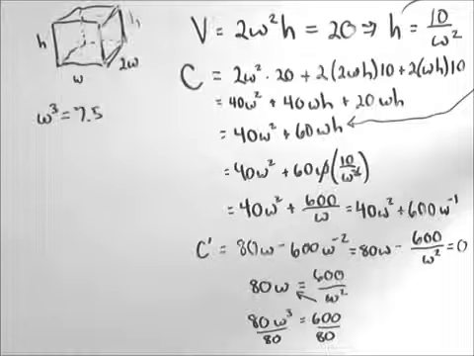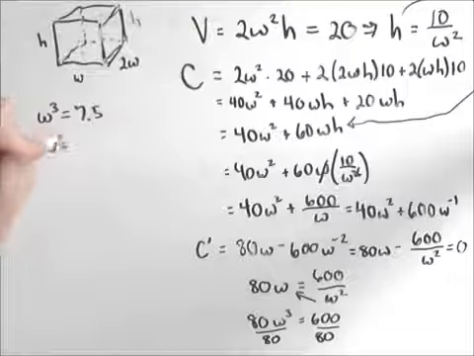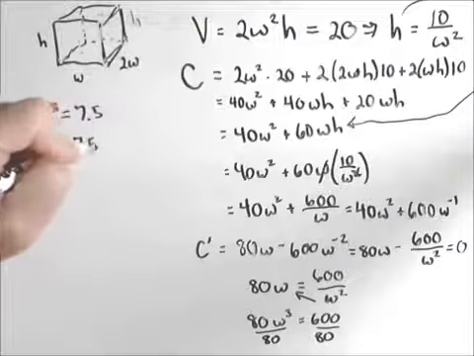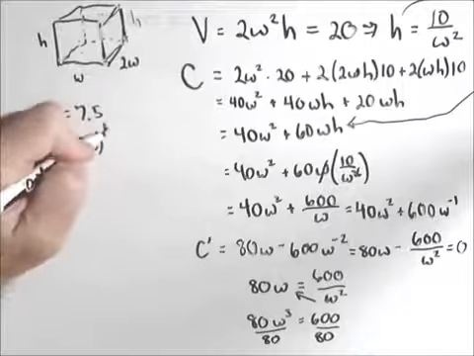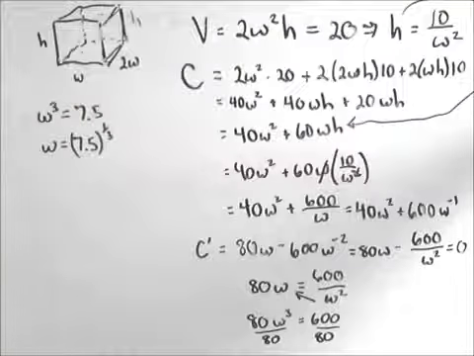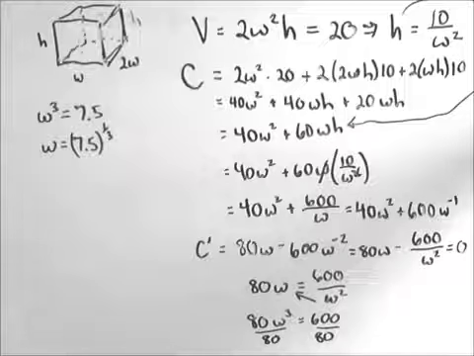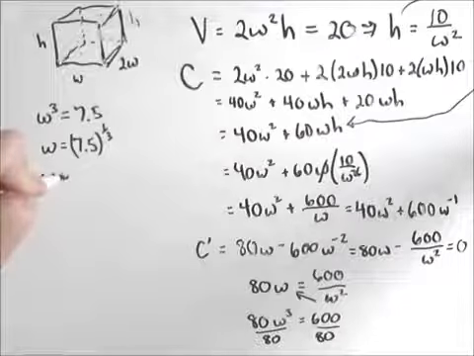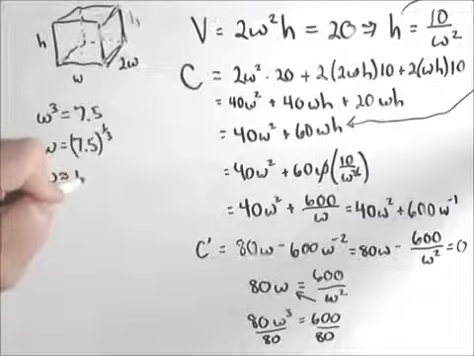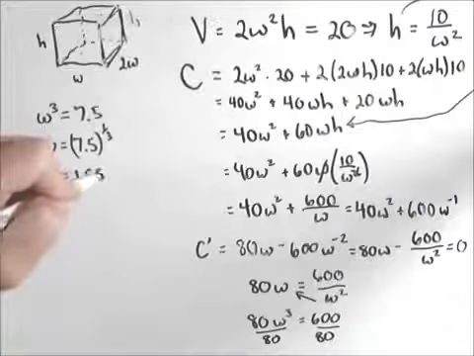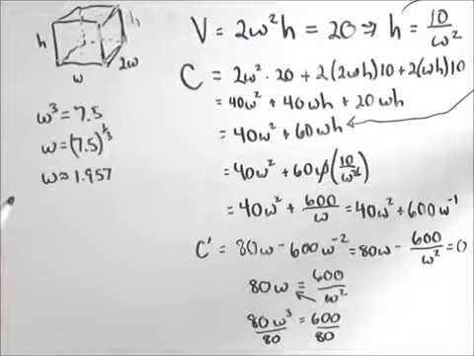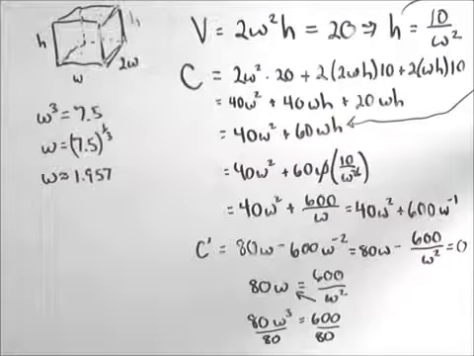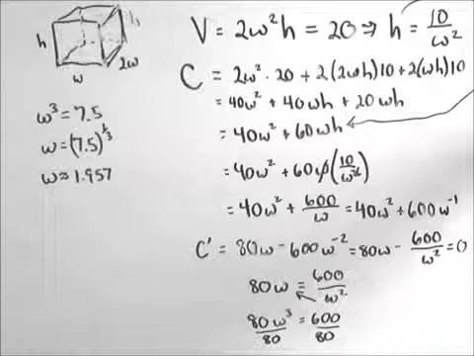And now what we'll do to get W is raise both sides to the 1/3 power. So W equals 7.5 to the 1/3. And be sure when you put this in your calculator that you put the 1/3 in a set of parentheses if you decide to do it this way. So we're getting a W of about 1.957.